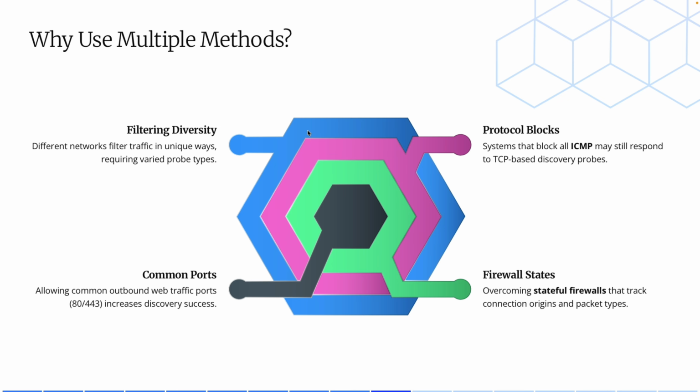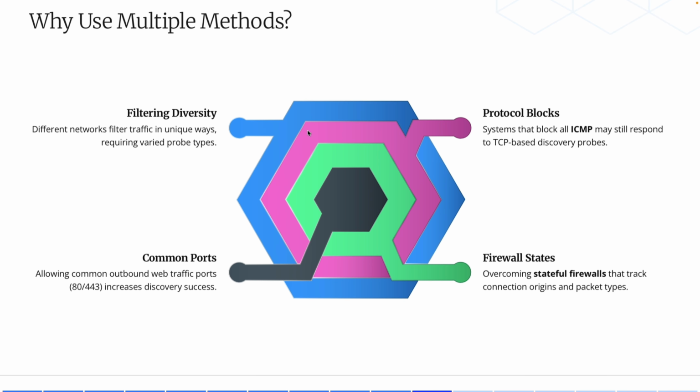Some block SYN packets, some use stateful firewalls, and some allow outbound web traffic. Using multiple discovery methods increases accuracy. That's why you need to use multiple methods. Yeah, that's it. Let's go to the next slide.